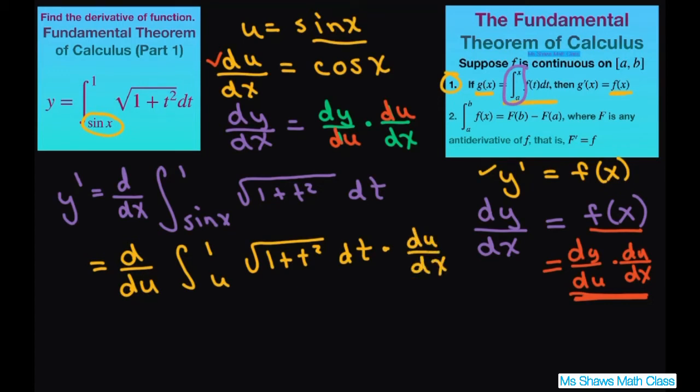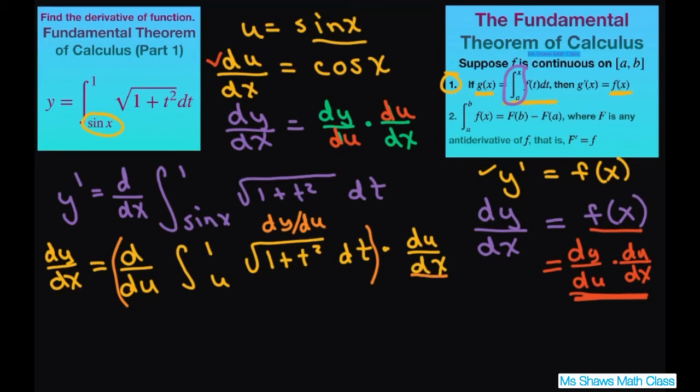Because remember, these equal the derivative of y with respect to x. So this part is your derivative of y with respect to u. And then we're going to multiply it by the derivative of u with respect to x. So this is the part that's confusing. You have to think about it a little bit.